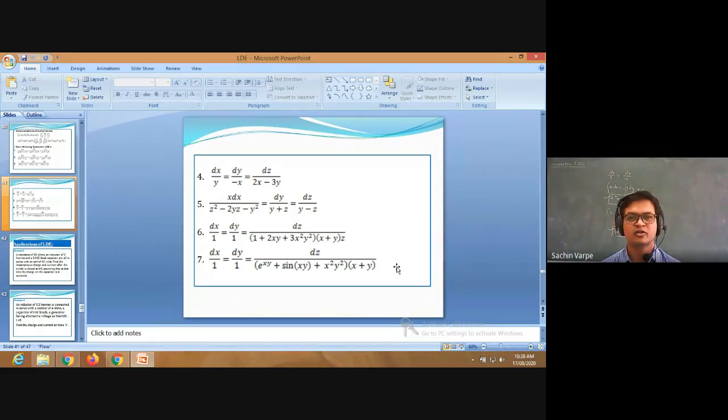Now we are trying the method of multiplier. So tell me the multipliers.